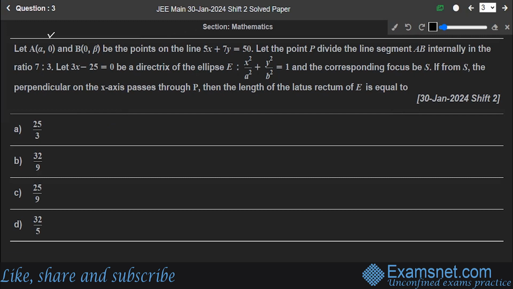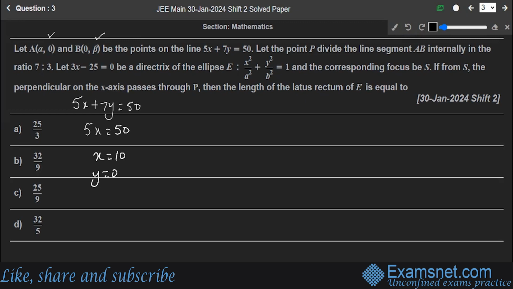I'll pick up the first section. In that, I'll first find the coordinates of A and B. This is the line 5x plus 7y is equal to 50. For the coordinates of A, you have y is equal to 0. That gives you 5x is equal to 50, or x is equal to 10.